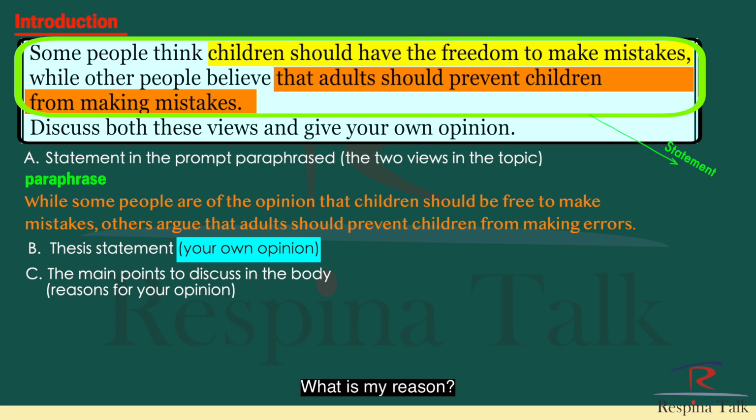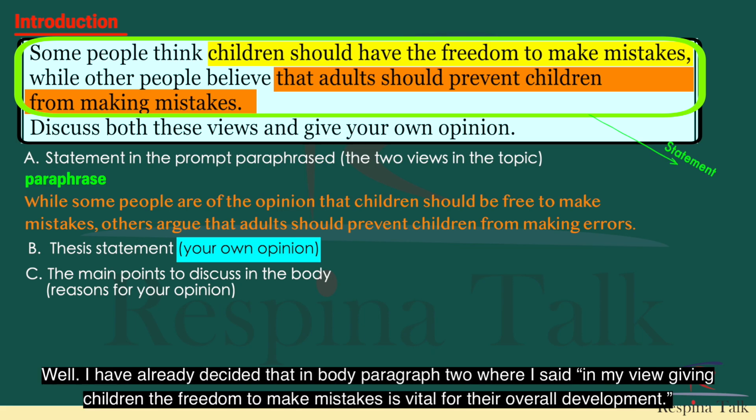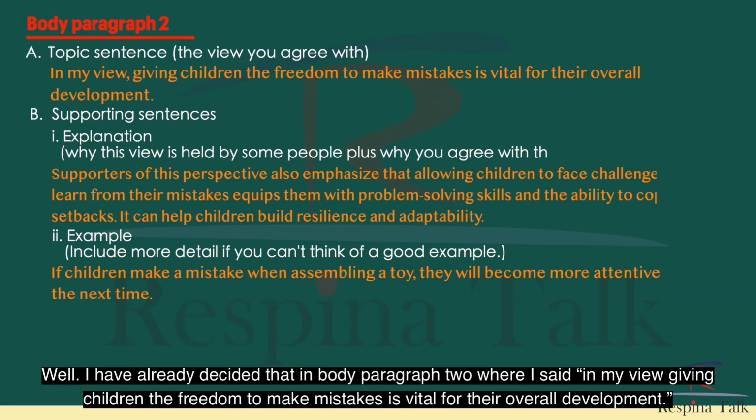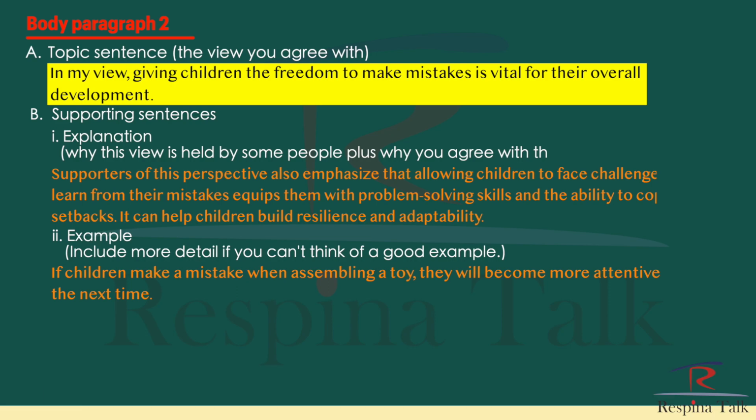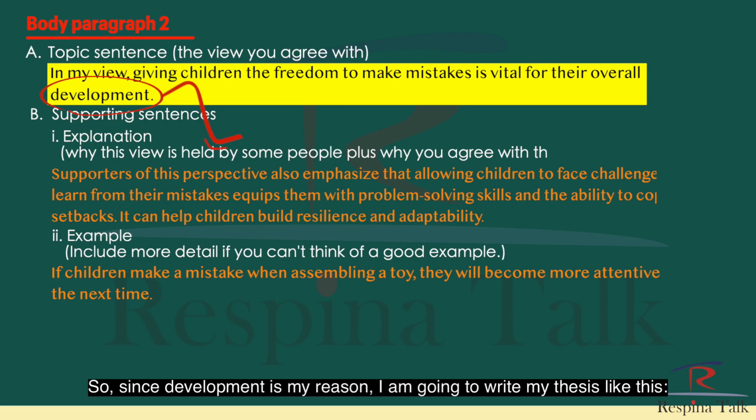What is my reason? Well, I have already decided that in body paragraph 2, where I said, in my view, giving children the freedom to make mistakes is vital for their overall development. So, since development is my reason, I'm going to write my thesis like this.